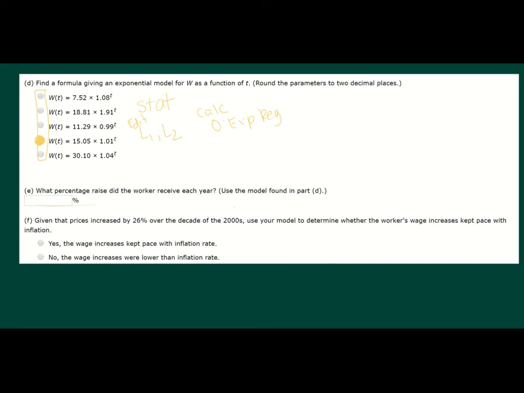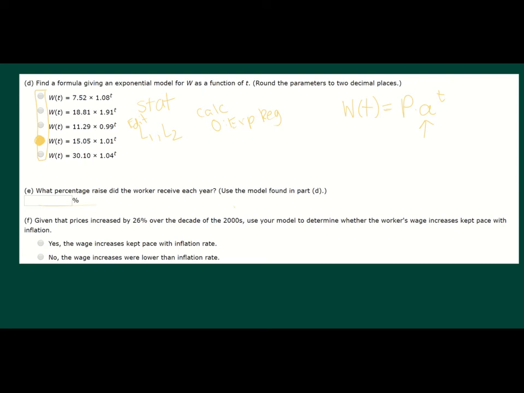Now in 4.2, we started talking about percentages and about how we have this formula. W of t equals, let's be more general than this, the general form is W of t equals P times A raised to the t power. So this A is our growth rate, our growth factor.